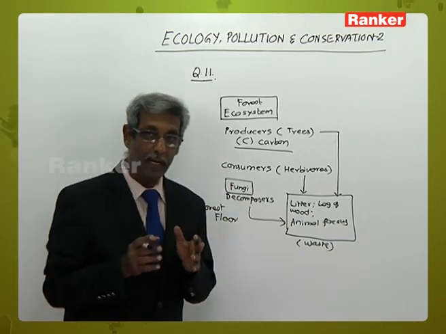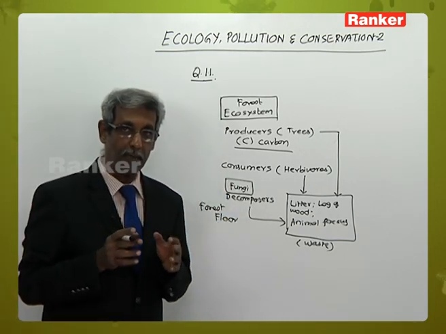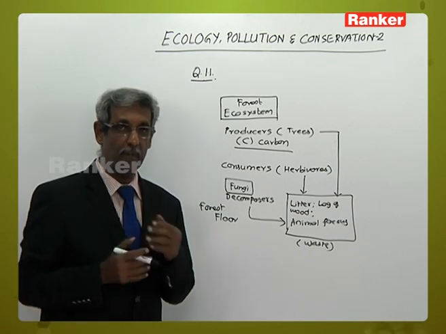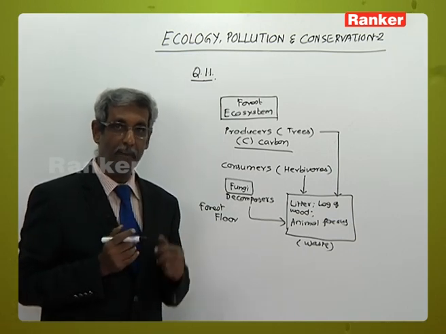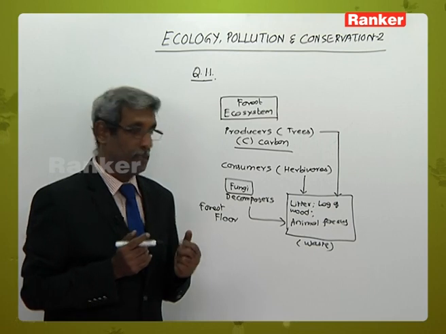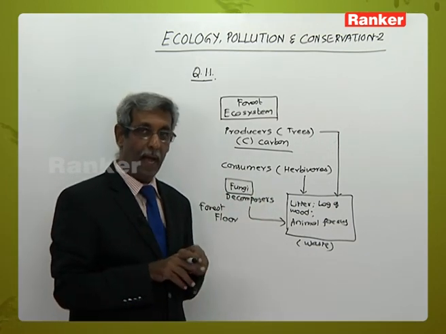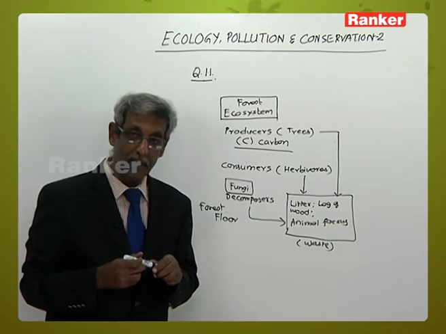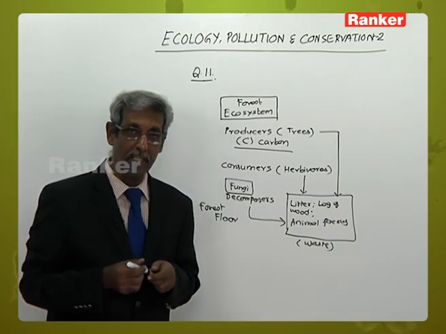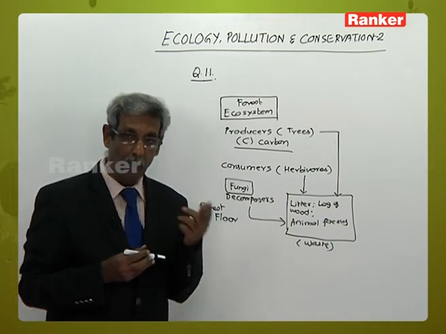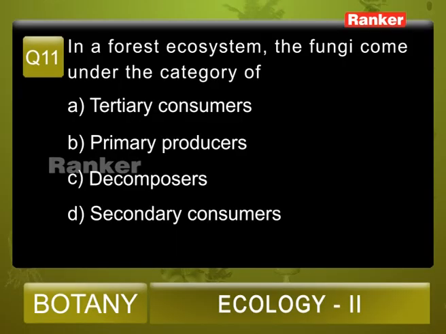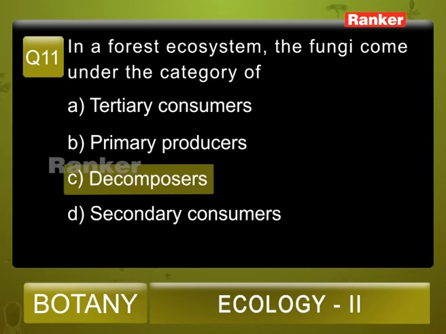When you take a tropical ecosystem, there is more efficient recycling when compared to that of a temperate ecosystem. So, it is important to preserve tropical rainforests, and in the tropical rainforest there is maximum biological diversity, that is variety and variability of the living forms. Hence, the answer here is fungi, the answer is C.